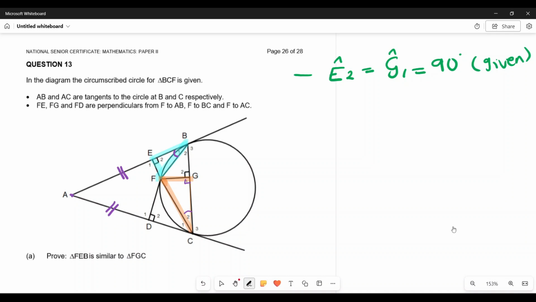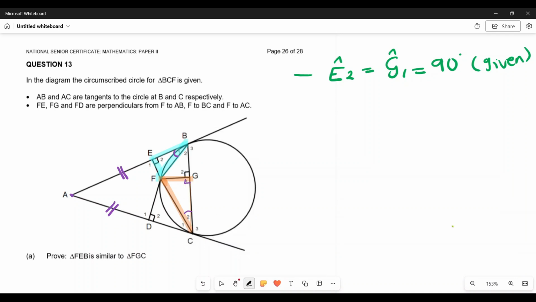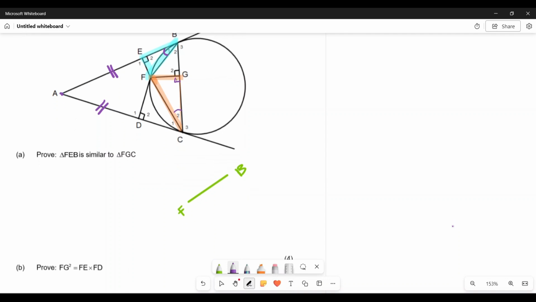Now for the other two angles that are equal to one another, let me see. If I look at my FB, FB is a chord. Now let me try and separate this here. So this is F to B, which is a chord. So this is my chord, and this is my triangle that is formed.